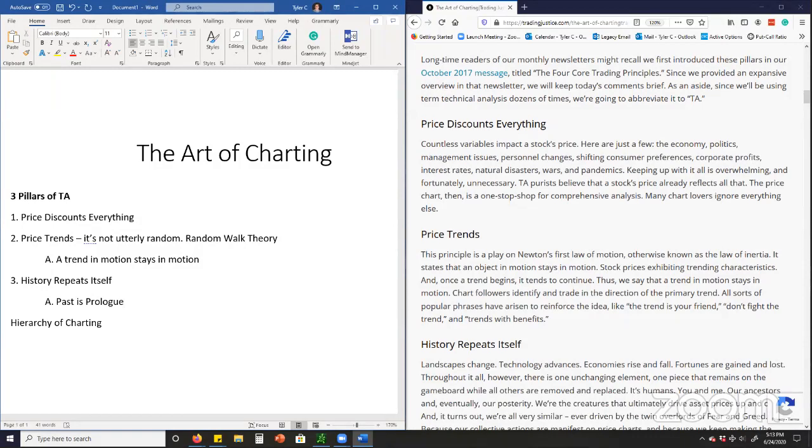So look, a technician believes that there's a lot of value found in studying the history of a price chart, okay? And that is because even though everything in the world changes, everything about the markets can change, technology, the stocks that you're dealing with, the different companies, at the end of the day, it's people that are buying and selling stocks.